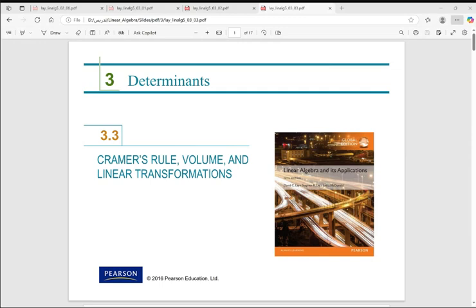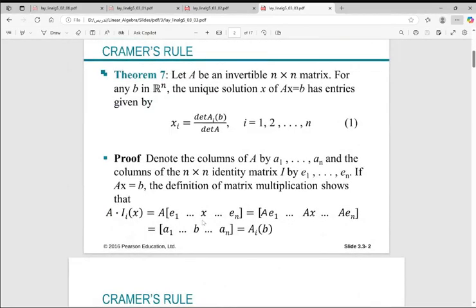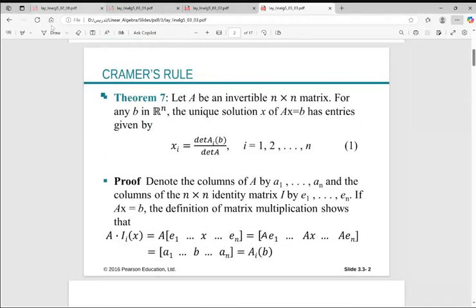The next topic is Cramer's rule. So what is Cramer's rule? Let A be an invertible n by n matrix, and B some arbitrary vector in Rn.